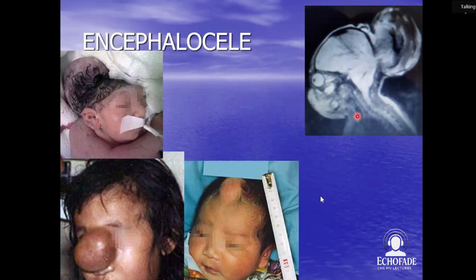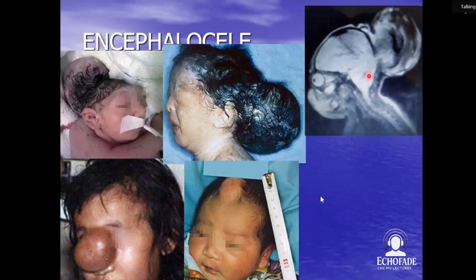When you look at this, this is a frontal protrusion. And just a CT scan of the same, you can notice here some nerve tissue, the meninges protruding into this herniated part of the skull. So usually where there's a problem with the development of the brain, there will also be accompanying abnormal development of the skull tissue.